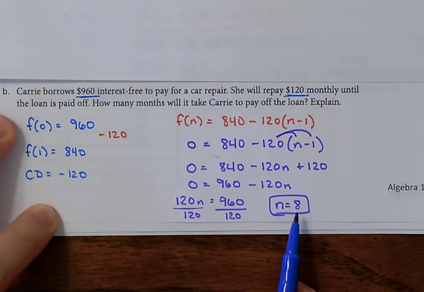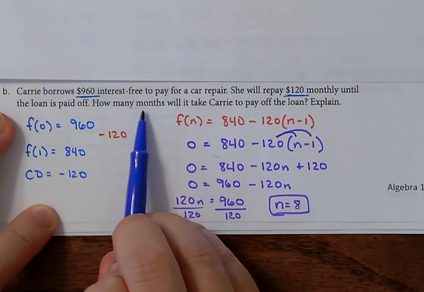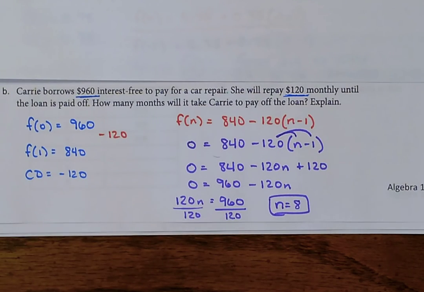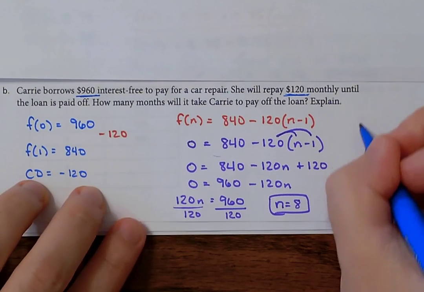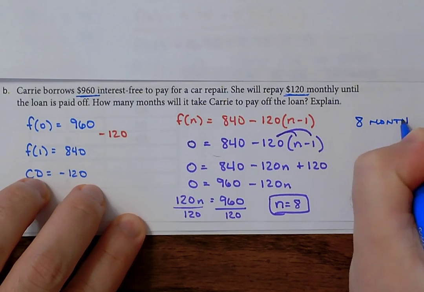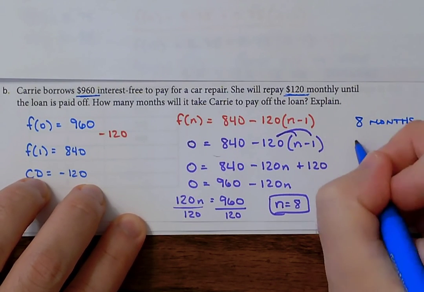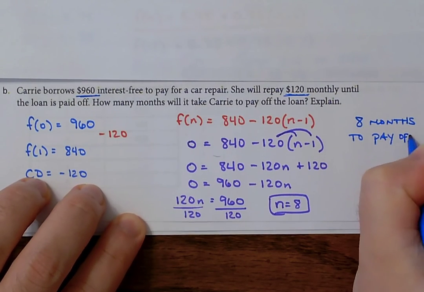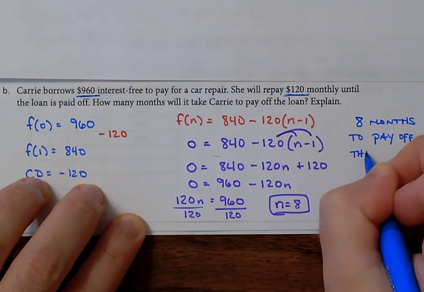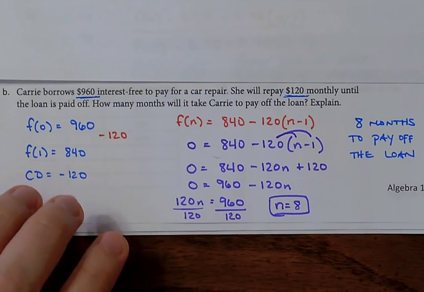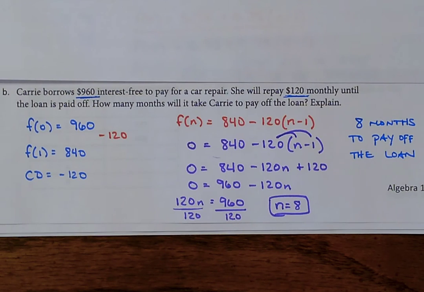So that means it will take 8 months for Carrie to pay off the loan. And that is my answer for example 4b.